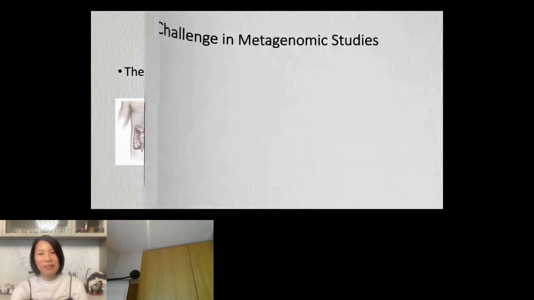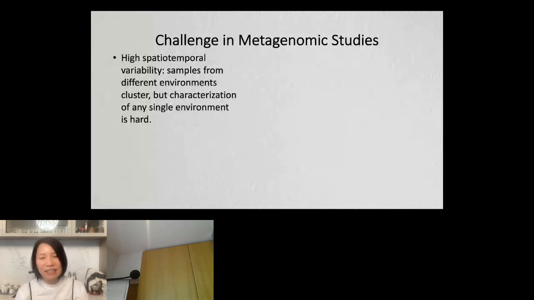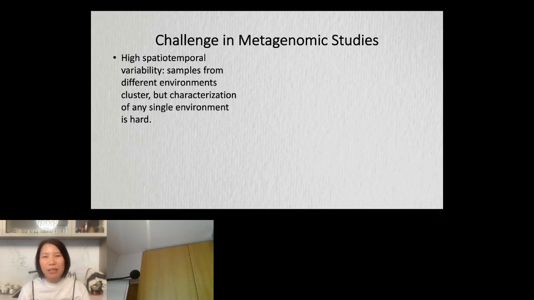But the challenge is that much evidence has shown that we can distinguish distinct environments by the microbial composition, but it's really hard to describe a specific environment by its metagenomic composition, in the sense that it's hard to point at an environment and say, oh, this is what a typical sample from this environment would look like, high in this species and low in that, and things like that, right?